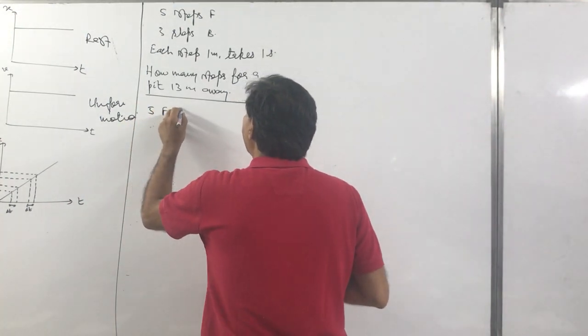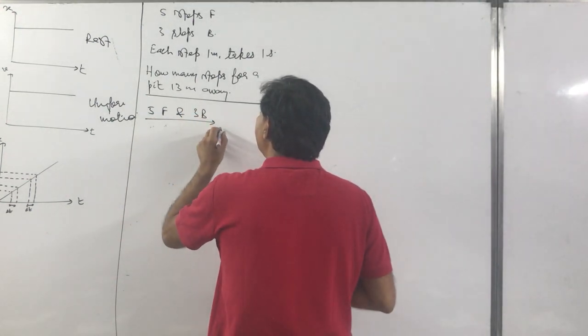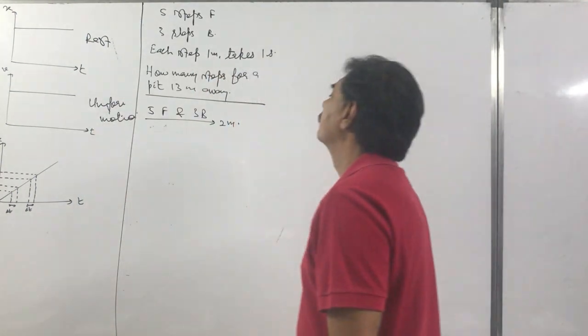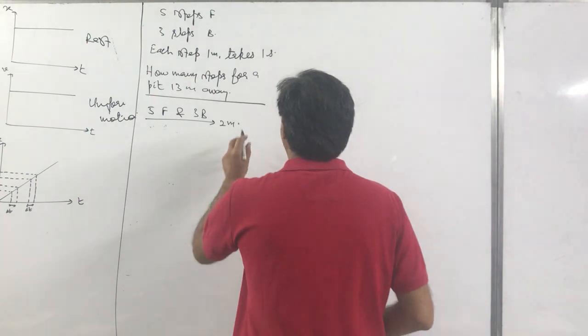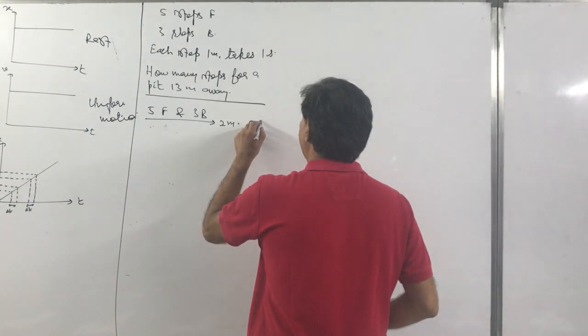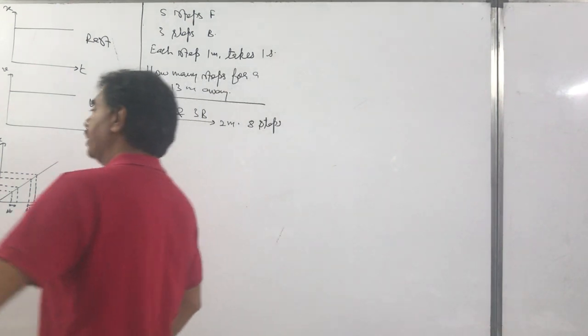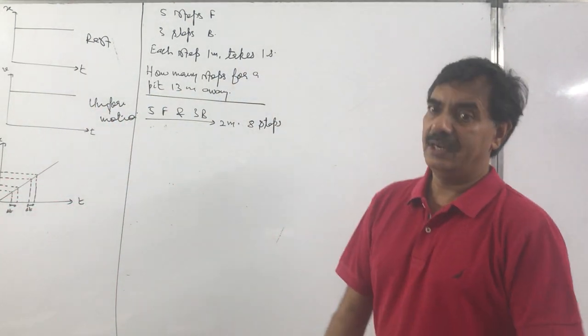5 forward and 3 backward means 2 meters. Means 2 meters and 8 steps. He walks 5 meters आगे, 3 meters पीछे, net 2 meter हुआ.